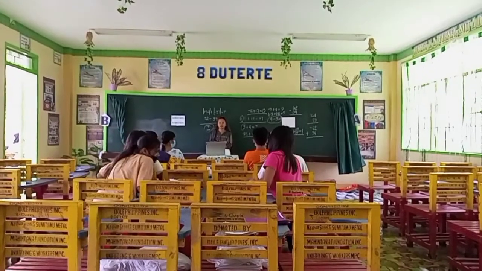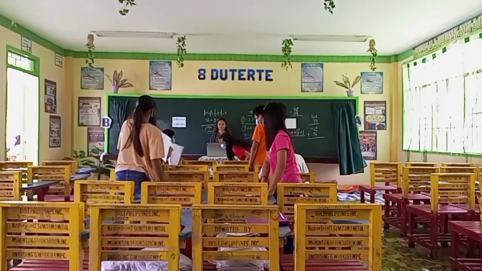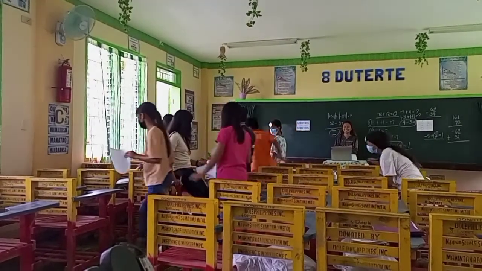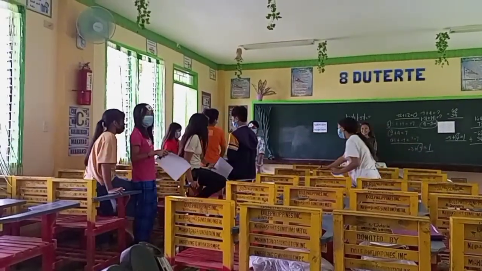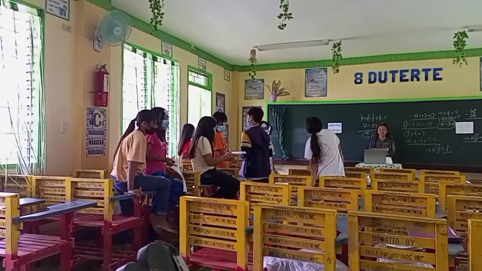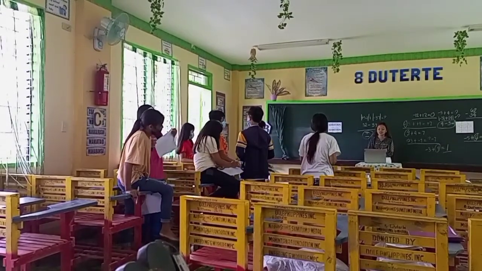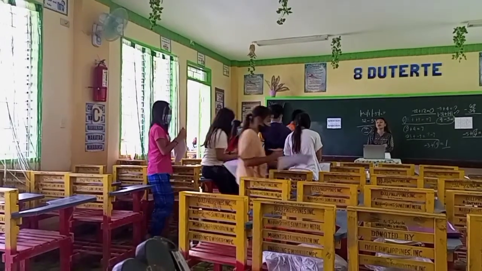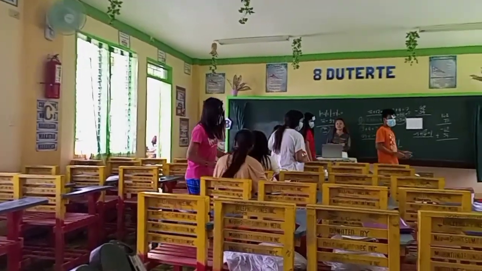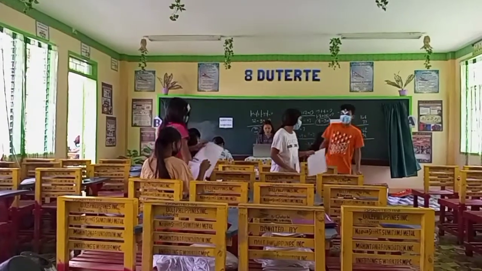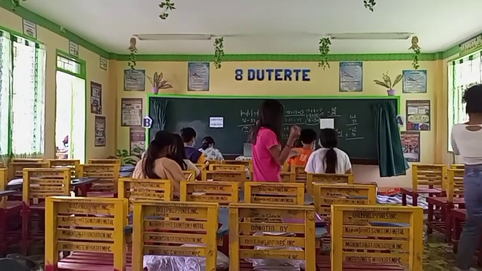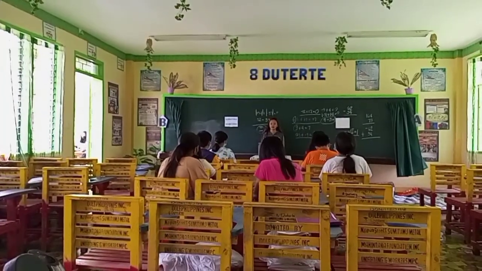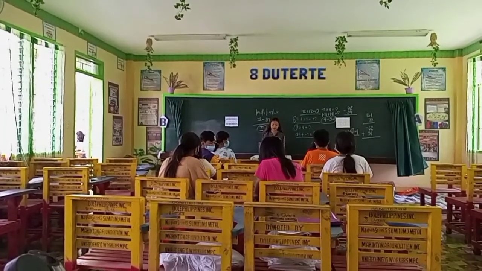What is your answer? Okay, the answer is negative, which is letter C. So the sum of two negative integers is negative. Okay. For the second part, kakailanganin niyo na ang binigay kong papel at ballpen.